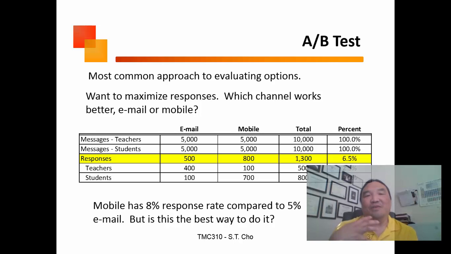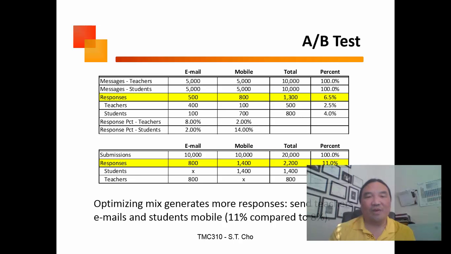So do I use email or do I use mobile? Which channel works better? My audience is teachers and students. When I look at the response rate, mobile overall does much better than email, by 8% to 5%. Now, is this really the right way to do it?